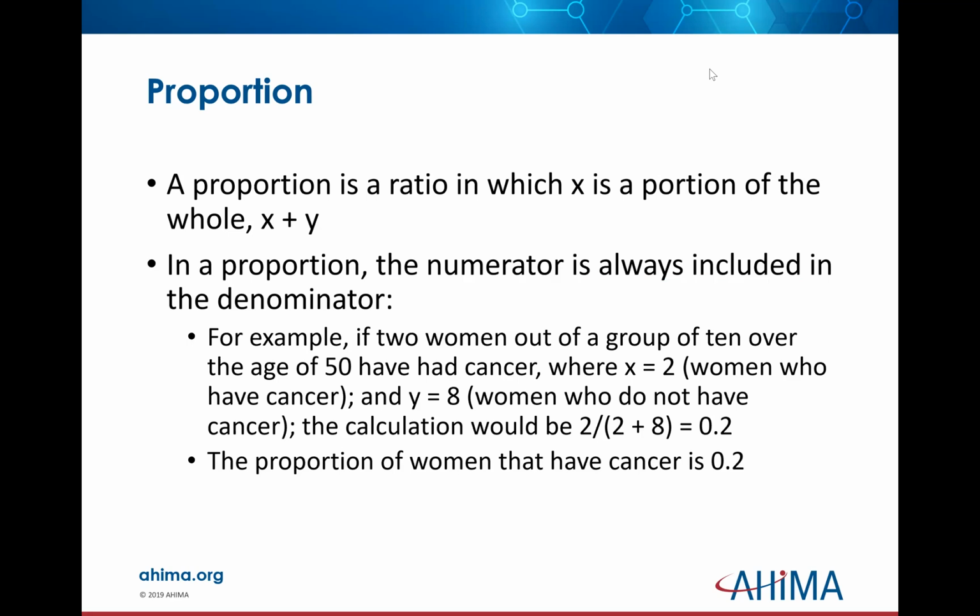If we have 2 women out of a group of 10 who have had cancer, and X is 2, in other words, the women who have cancer, and Y is 8, women who do not have cancer, the proportion is 2, the numerator being the 2 women who have cancer, divided by the women who don't have cancer, which is 8, plus the women who do.